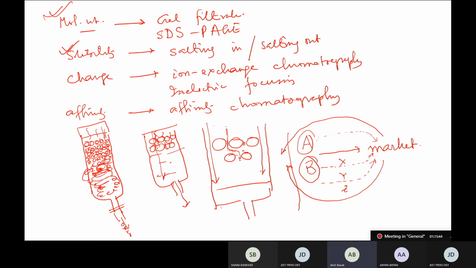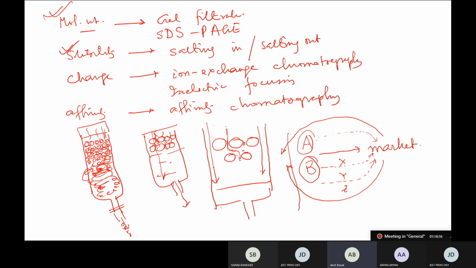But B has a lot of friends, so B is basically tied up with X, Y, Z. The same thing happens here. Small molecules, because there are a lot of gaps where they can fit, will go to the gap, stay for a few seconds or minutes, and later, as more and more solvent you put down from the top, it will ultimately come down.